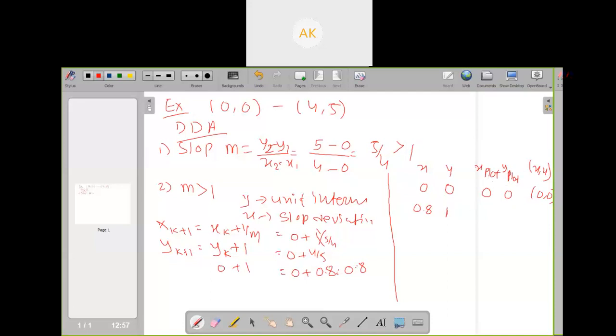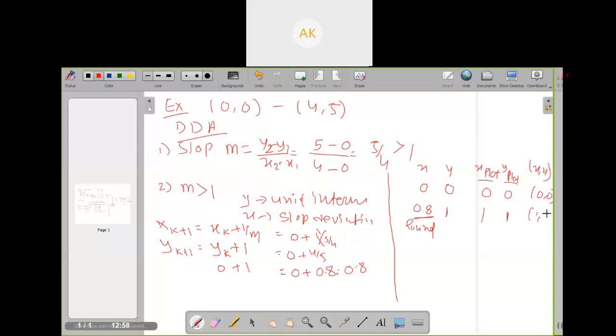X plot, always your pixel is an integer value, so just apply the round function here. When you round 0.8, the value will be 1. So x plot will be 1, and y is always an integer, so 1.